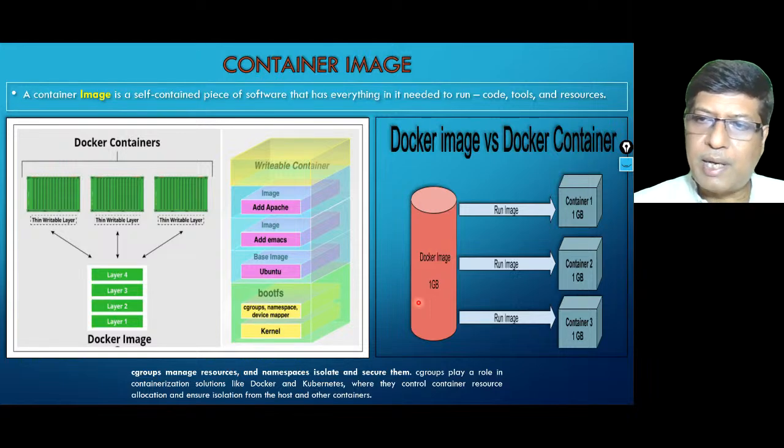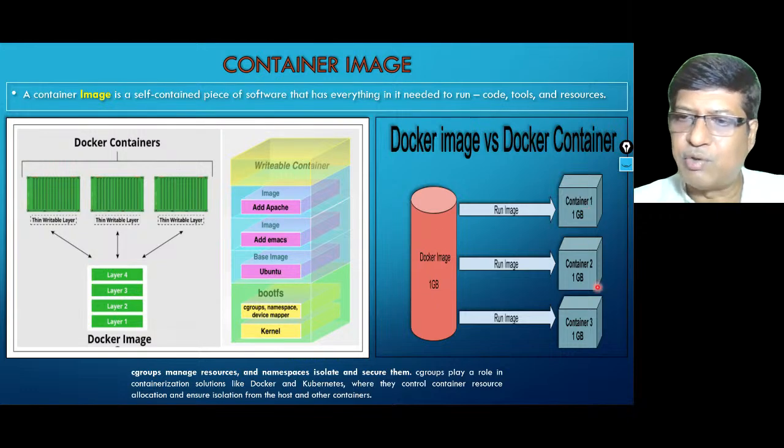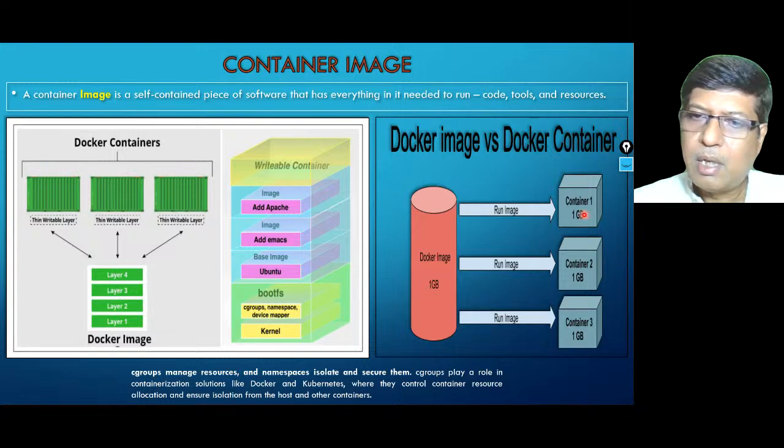But you cannot have 2 containers of the same name, or rather this image cannot be shared, or you cannot have a part of this image over here and part of this image over here. No, the entire Docker image will be either here or there or there, or maybe in all 3 of them.